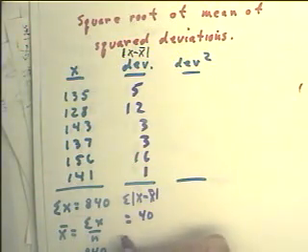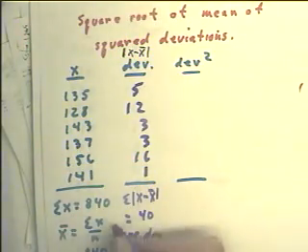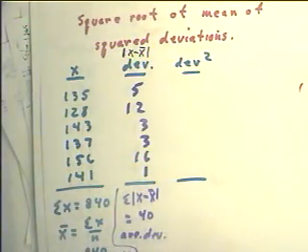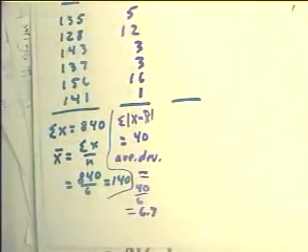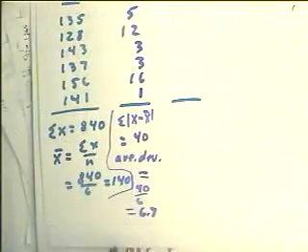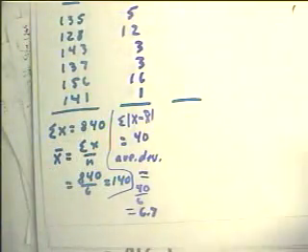So the average deviation is equal to 40 over 6, or about 6.7. So on the average, these things deviate from the mean by 6.7. And that's a good measure of how far the distribution spreads out.